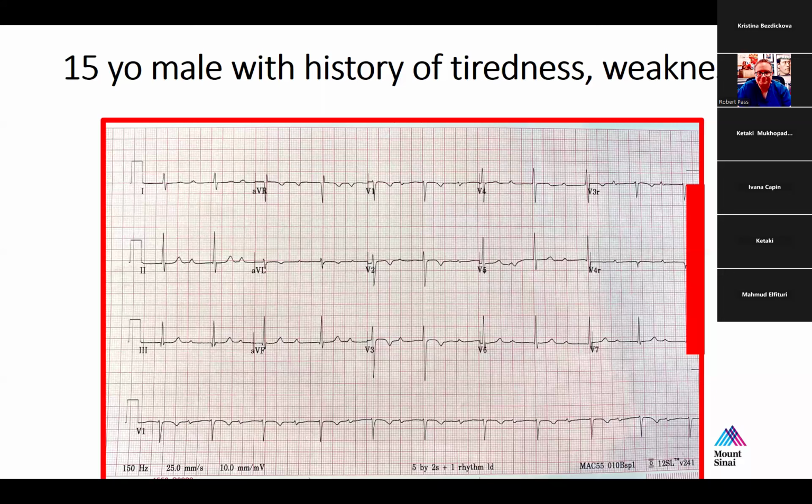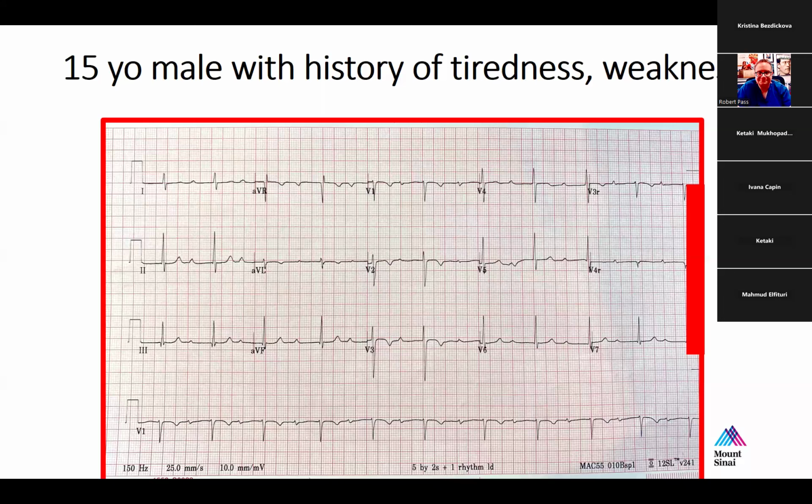I got all crazy and sent all sorts of labs and did other testing. About an hour after they left the office, I got a phone call that the young lady had admitted to her mother in the car that she hadn't been taking her thyroid medication. So, hypothyroidism, yes. Lyme disease, yes. Any other common causes?